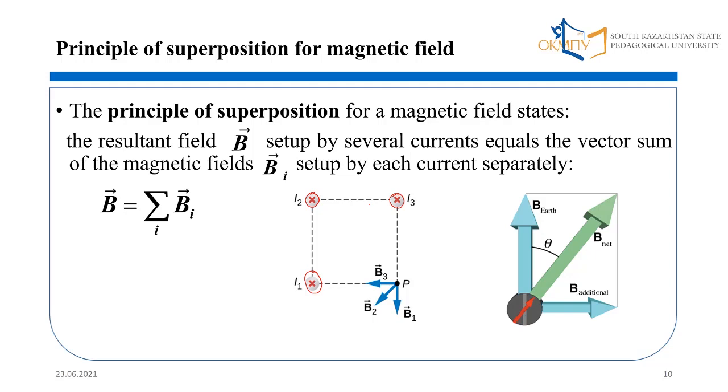We find the magnetic field produced by each current at the point P. This magnetic field B is equal to the vector sum of the magnetic fields produced by the first current, by the second current, and by the third current. So we can write that B is equal to B1 plus B2 plus B3.